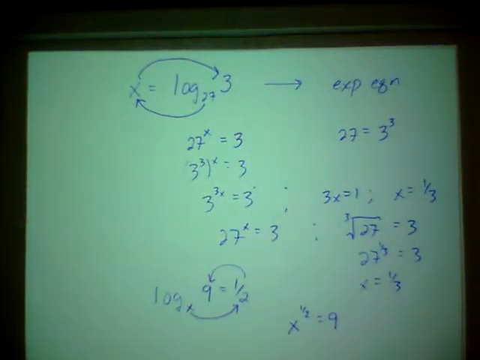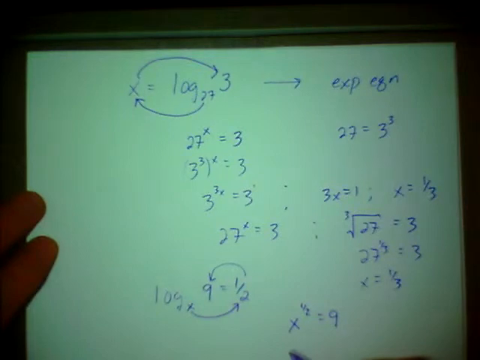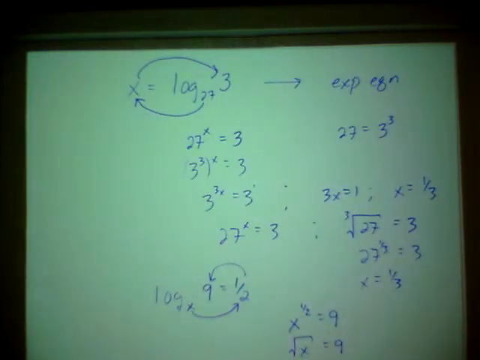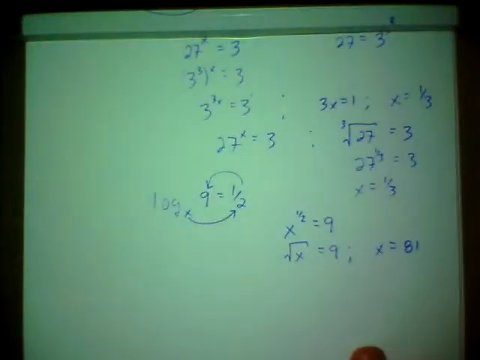X to the 1/2, hopefully you realize, is the same thing as square root. So you say, the square root of what equals 9? And hopefully you realize it's 81. All right, let's do another. Some of these can get pretty tricky.